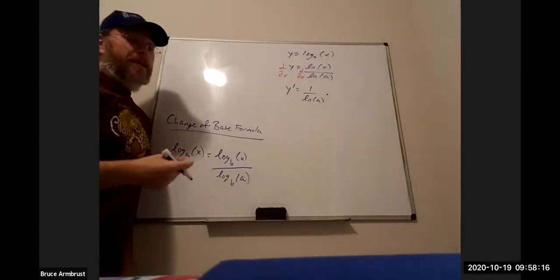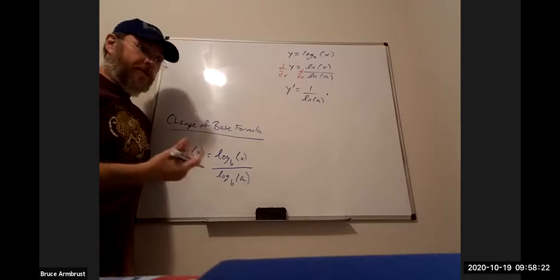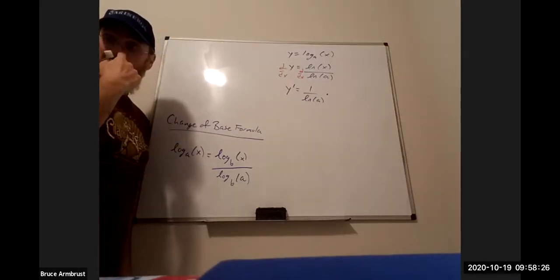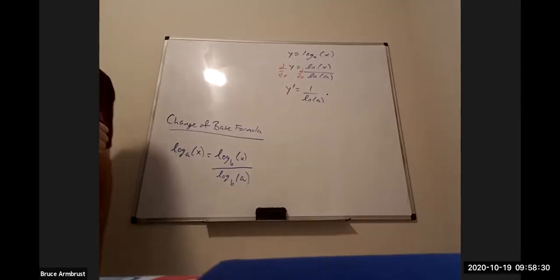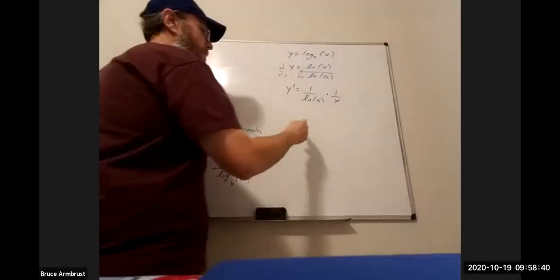And then we're going to get the derivative of natural log of x. Well, we just calculated that. So what's the derivative of natural log of x? One over x. Good, 1 over x. All right, so here you go.